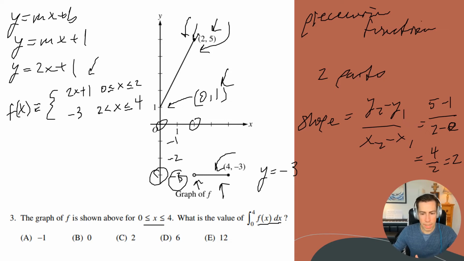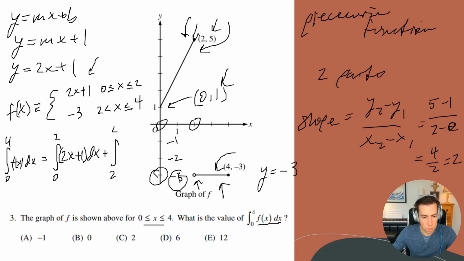Okay, so now that I have that, I just need to write an integral that splices these two functions together. The integral from 0 to 4 of f of x dx is equal to the integral from 0 to 2 of 2x plus 1 dx, then I have to add the second half, which is the integral from 2 to 4 of -3 dx.